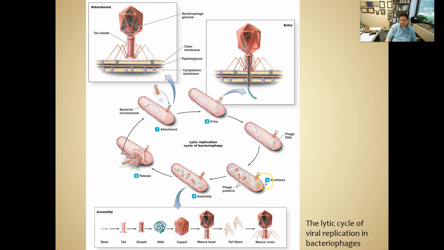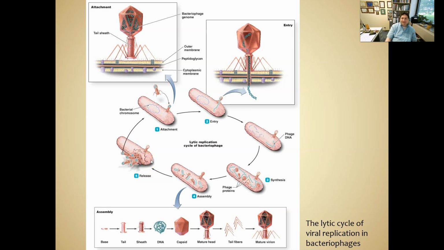This is called synthesis, and then these new pieces are assembled in this order down here. We see assembly. All right? Once they're all assembled, they burst out of the host cell, and they can now infect neighboring cells, and this release will kill the host cell.